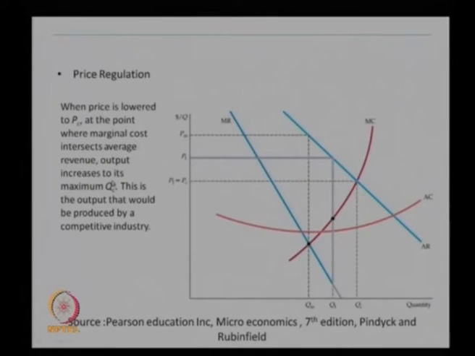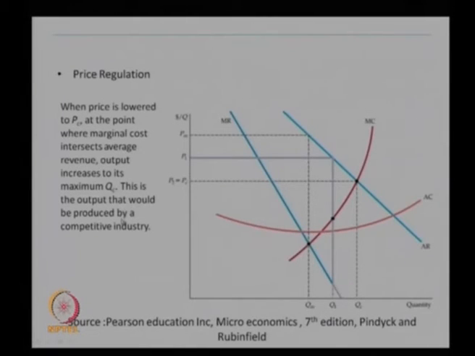Now, PM is the monopoly price and P1 is the ceiling price. When the price is lowered to PC, at the point where marginal cost intersects the average revenue, we get the price PC and output increases to its maximum, QC.